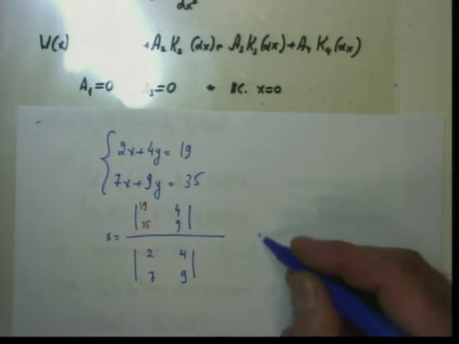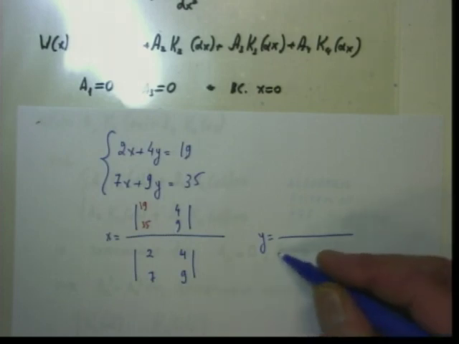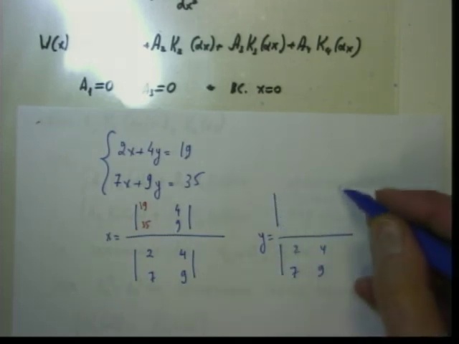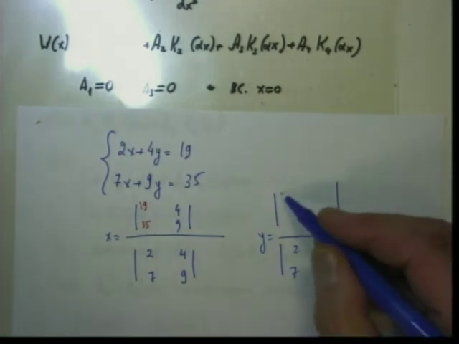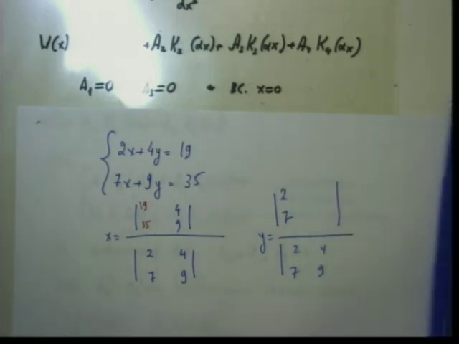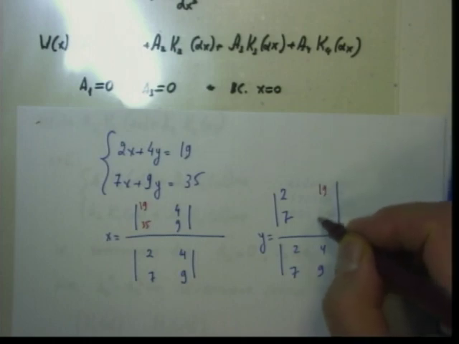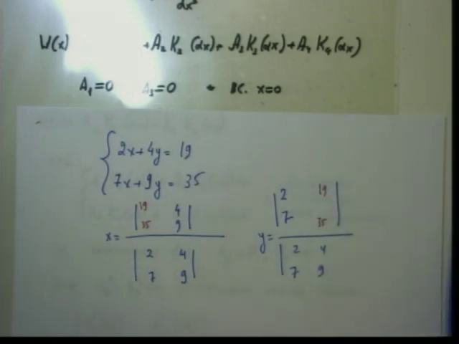And how much is y? Y equals, the denominator is the same, 2, 4, 7, 9. The numerator is 2, 7, 19, 35. Okay, we know that.